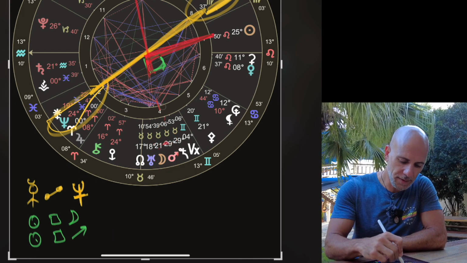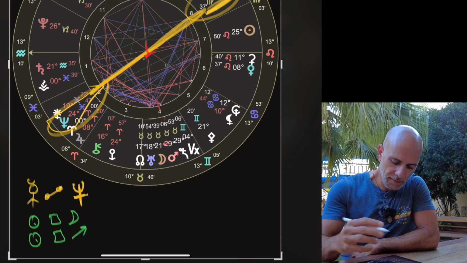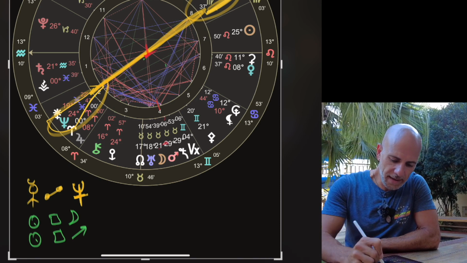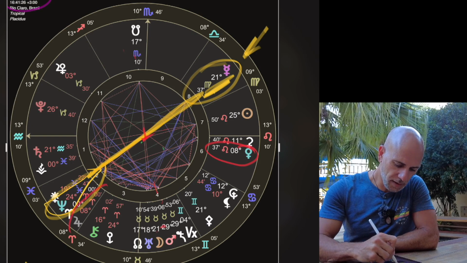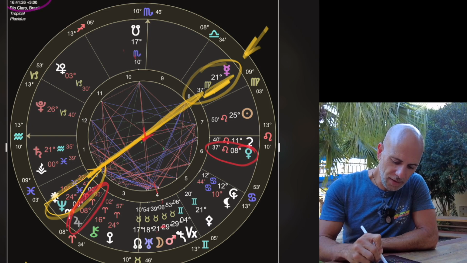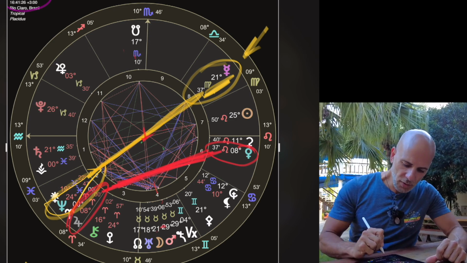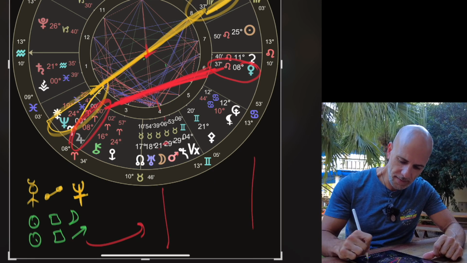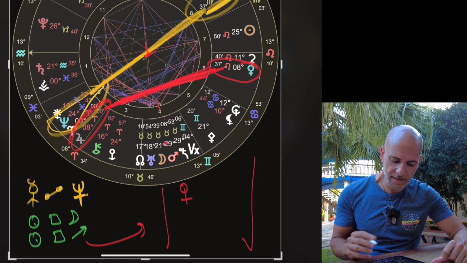For example, we're going to take Venus and Jupiter. And what they are doing, as we just introduced now, is a trine. So imagine that I'm continuing here in this line. Venus is this fast-moving planet compared to Jupiter.